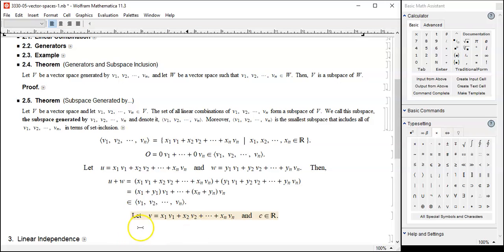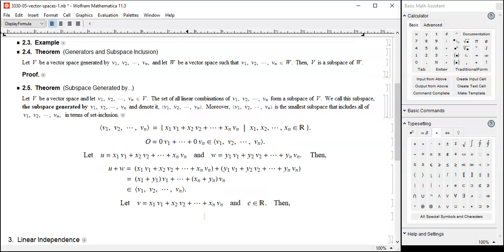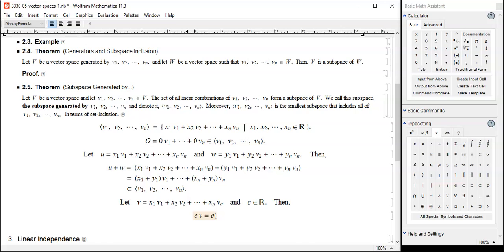V is a member of this set here, given by this kind of linear combination, and c is a real number. And then the scalar multiplication, c times V, can be written as c times this linear combination.